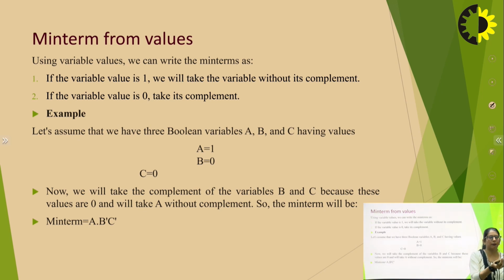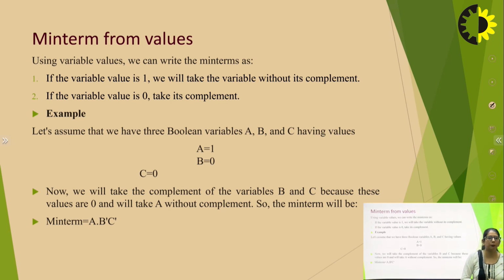In an example, let us assume we have three variables a, b, c having the values: a is 1, b is 0, c is again 0. Now we take the complement of variables b and c because they have the value 0, and we take a as it is, without complement, because its value is 1.